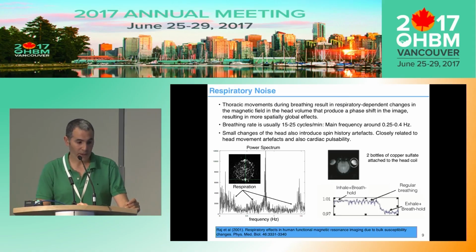So importantly, as you can see in the figures on the left, this is independent of the head movement. In this experiment, what they did is they attached 2 bottles of copper sulfate to the head coil, but not to the head. And they asked the subject to do a breath hold, so there are no fluctuations in respiration, and they measured the time series that you see there, not in the brain, but actually in the voxel.